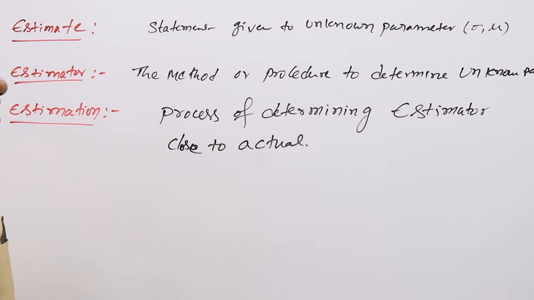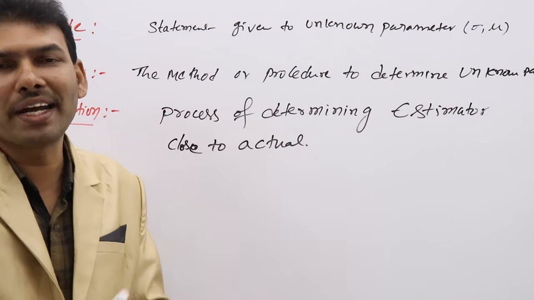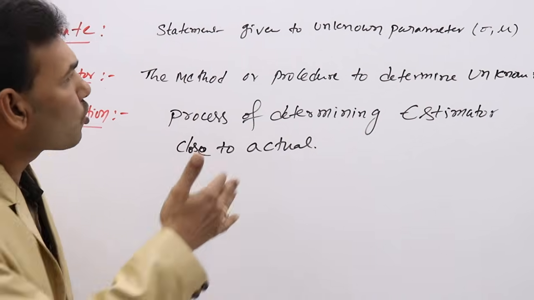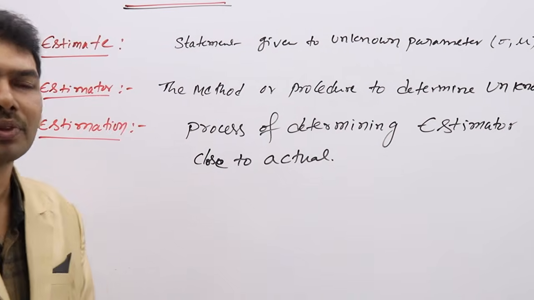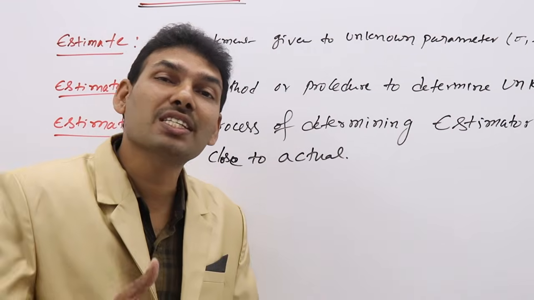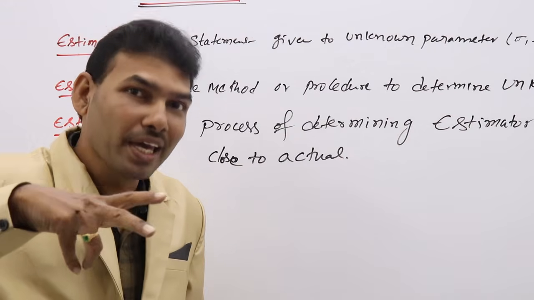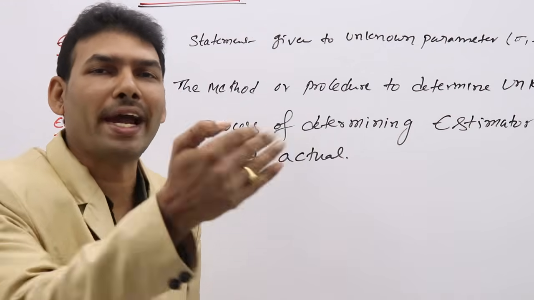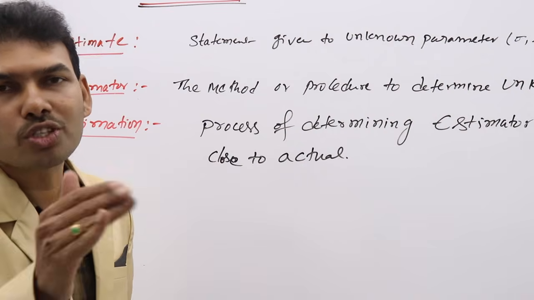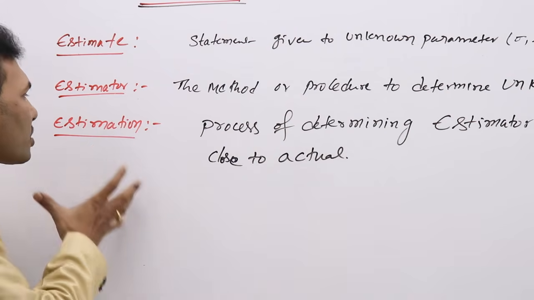Finding an estimator that is very close to that unknown value. So simply, estimation is the process of expecting some unknown value which may be close to the actual value. That process is called estimation.